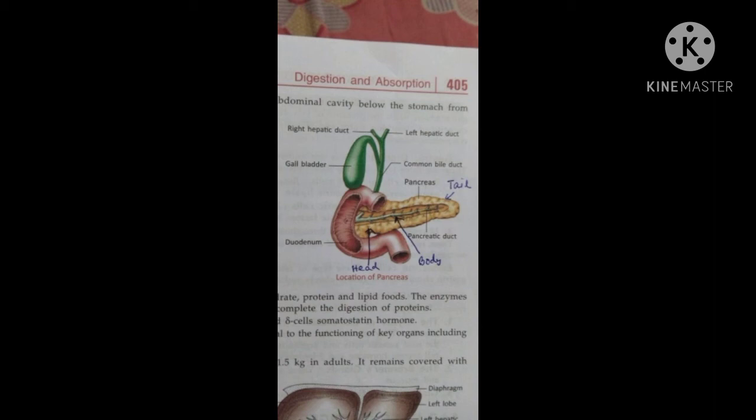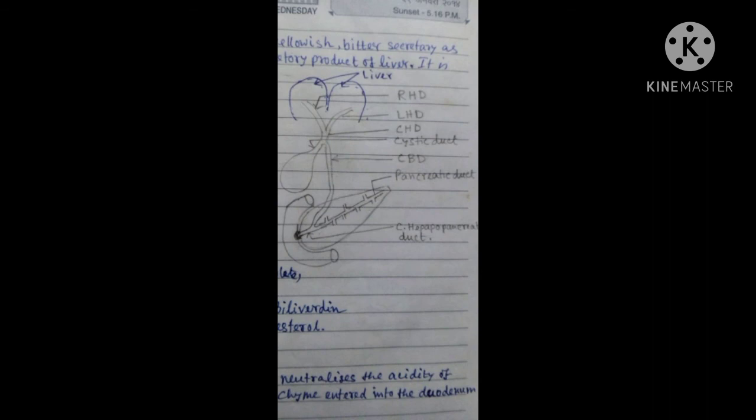Pancreatic duct collects secretion, and this duct unites with common bile duct to form common hepatopancreatic duct, which opens to the duodenum through the ampulla of Vater. And the endocrine part of the gland, which secretes hormone, is made up of smaller cells called islets of Langerhans, which contain alpha, beta and delta cells.